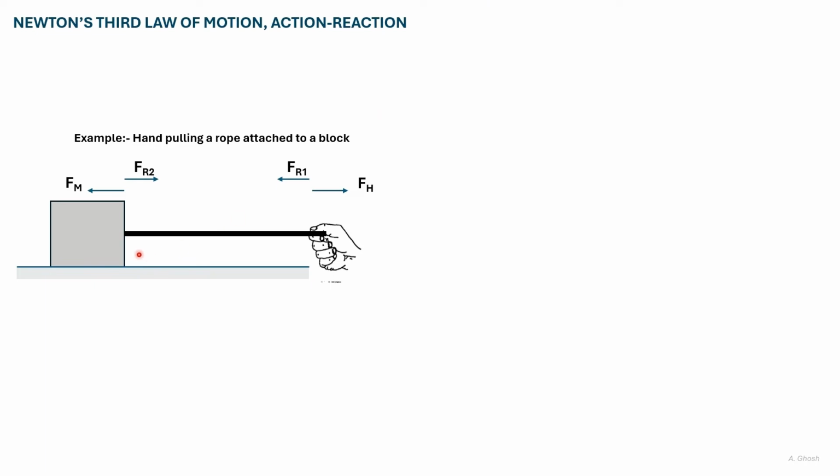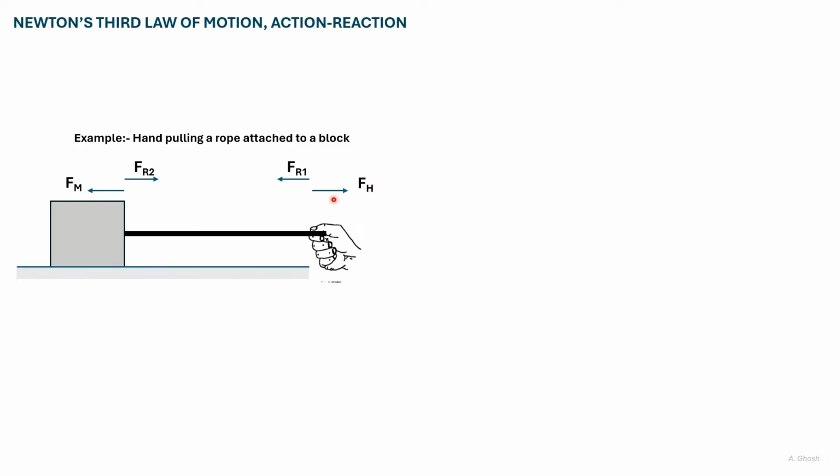Hence, the block does not move. There are three sets of action-reaction forces here. The first is between the block and the surface, which we won't discuss any further. We discuss the other two action-reaction pairs as shown.